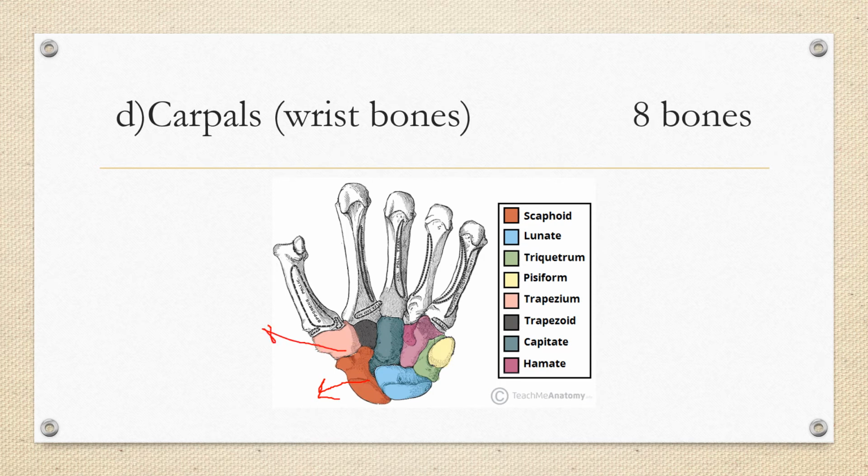We name them on the basis of their distance from the shoulder. As this row is near the shoulder, it is called the proximal row of carpals, and this row is away from the shoulder compared to the proximal row, so it is called the distal row of carpals. So there are a total of 8 carpal bones in the human wrist.